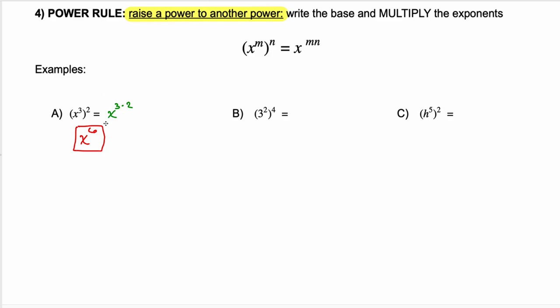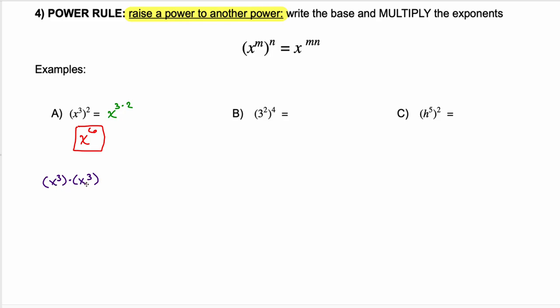Now, to really understand why this happened, I will show this out real quick, and then I'm going to erase it. But x cubed raised to the second power means we write out x cubed times x cubed. Now this is just a product rule. A product rule states that when you have the same bases being multiplied, now we have 2 bases of x.